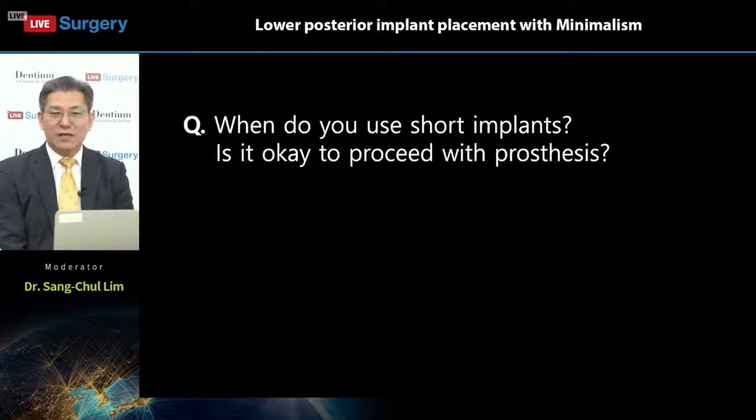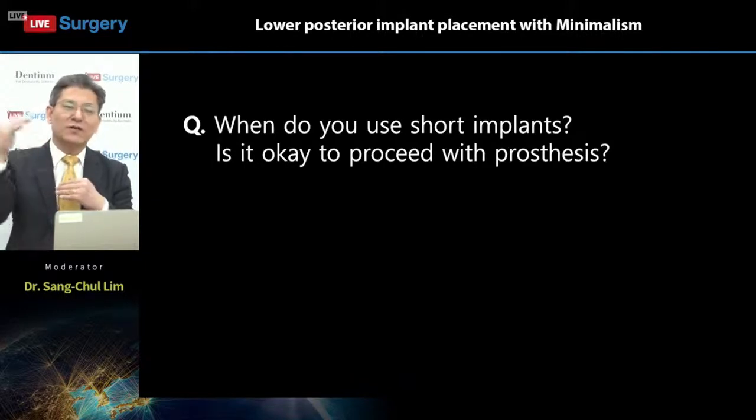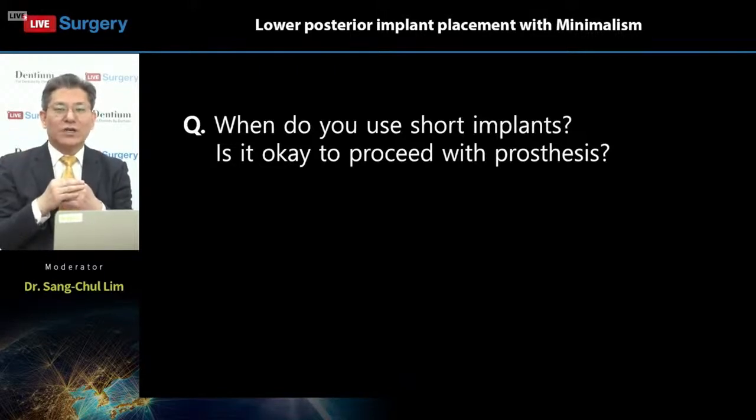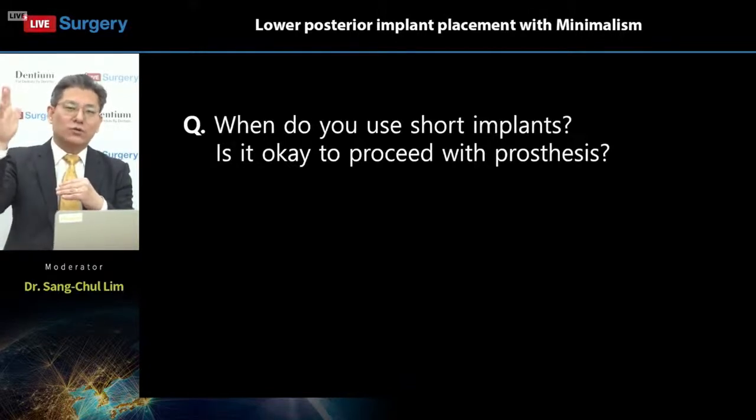And the final process is achieved by the normal procedure. As for the limit of the crown implant ratio, according to the European EAO consensus, as you know, it is 1 to 2.